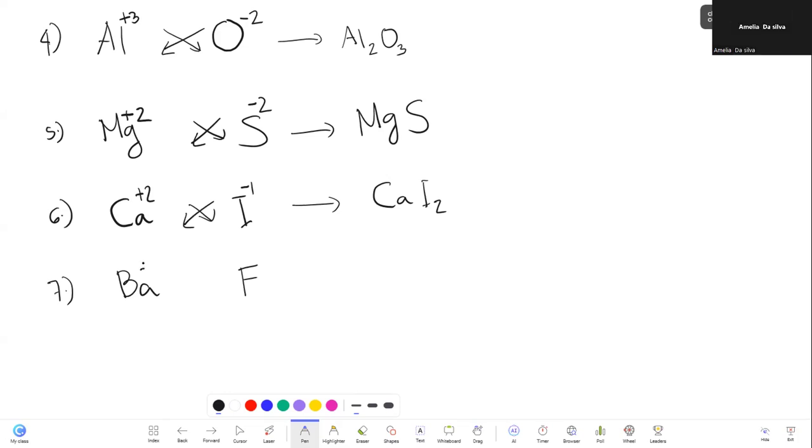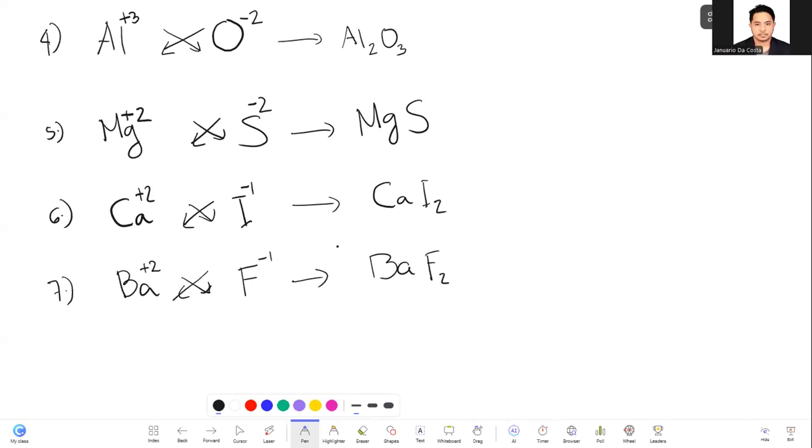What about fluorine? Negative 1. Very good. So you just have to cross multiply it like that. You're making barium fluoride, BaF2. Easy. Okay?